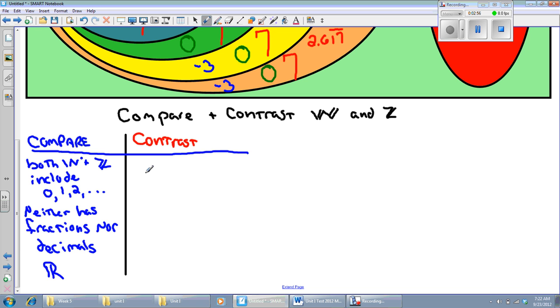Okay, the contrast is that the integers, I'm not sure what that symbol is. Let me redraw it. Having a little airliner trouble today. The integers include negatives like -2, -1.